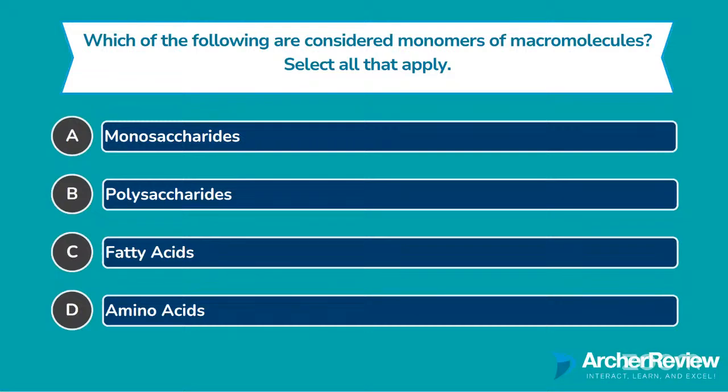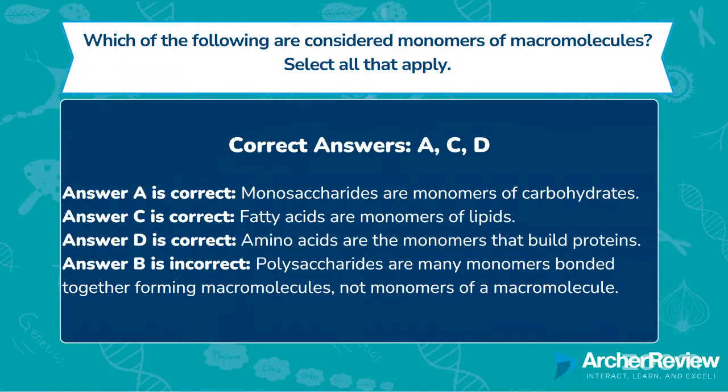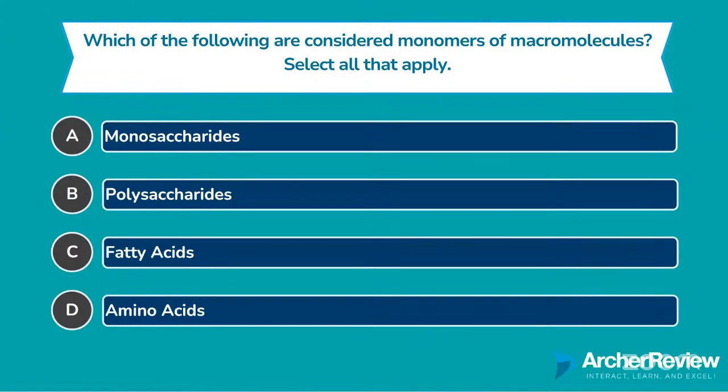All right, let's take a look at our answers. Our correct answers are A, C, and D. I did see quite a few correct answers out there, so very well done. Let's take a look at why that is. Monomers of macromolecules, remember, were the individual units that then made up the macromolecule.